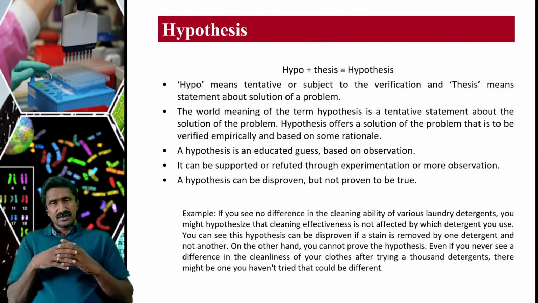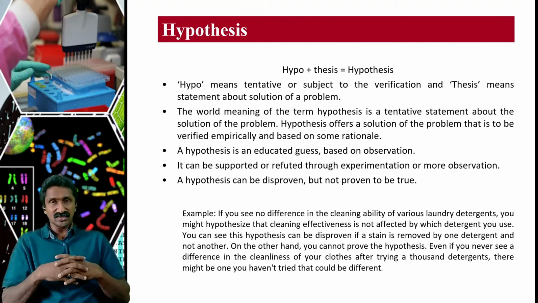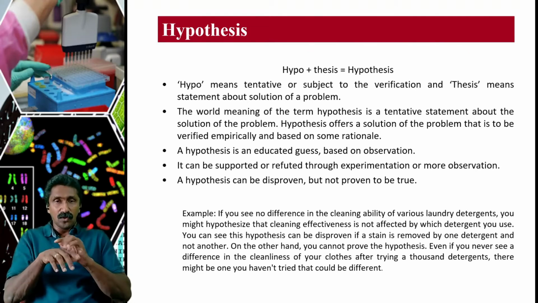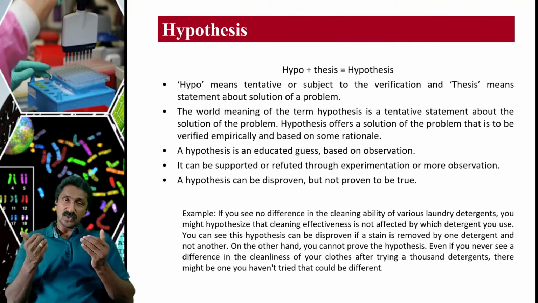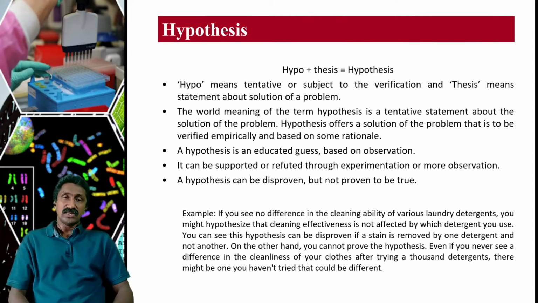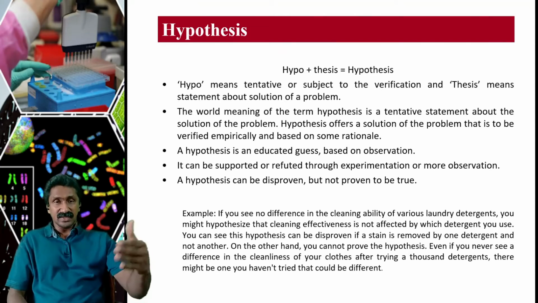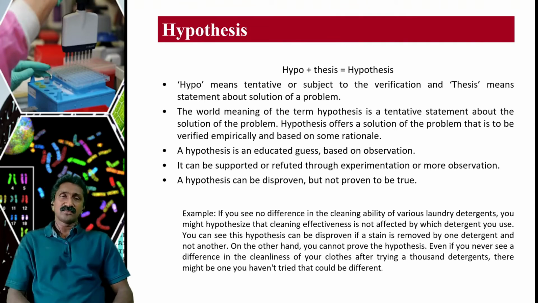On the other hand, you cannot prove the hypothesis even if you never see a difference in the cleanliness of your clothes. Even after trying thousands of detergents you cannot prove it, because if all 1000 detergents that you are screening give you equal results, the next detergent, which is not available to you, may be effective.